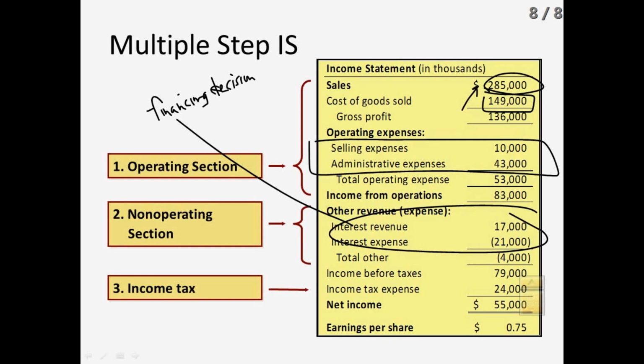And then taxes, well, how can I calculate my taxes until I figure out what all my other expenses are? So taxes is directly a function of income before taxes. So basically this is creating my income statement in a way which helps me better predict what my future income will be, and I can highlight the things that I want to include and the things that I don't want to include. Okay, so that's what you're getting out of a multi-step income statement.